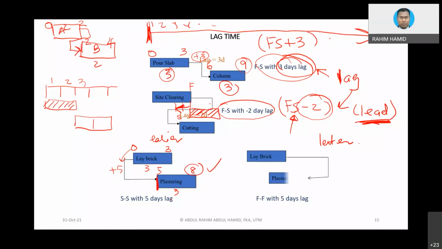And then FF with -5. FF is -5. Okay. Finish to finish. By right, if let's say without this thing, you are going to draw the diagram almost like this. Finish to finish almost at the same time. But because of the delay, you basically delay the finish at a later stage.